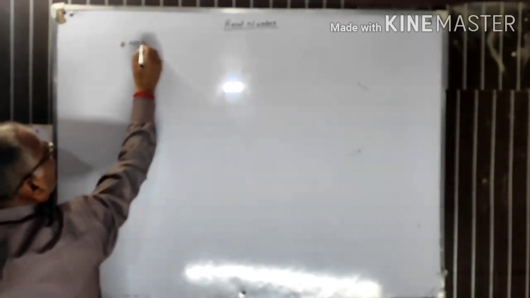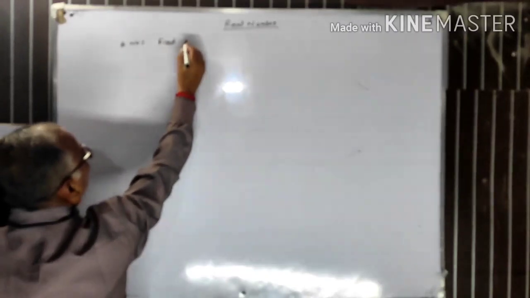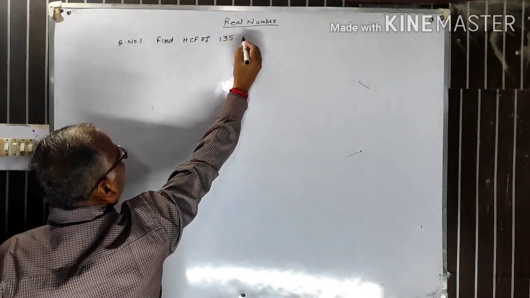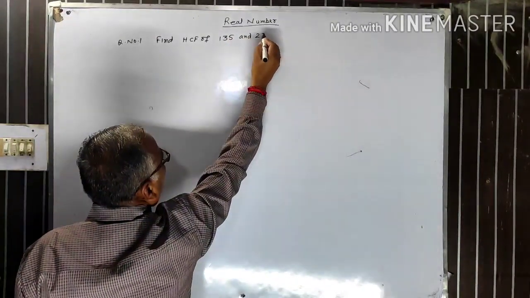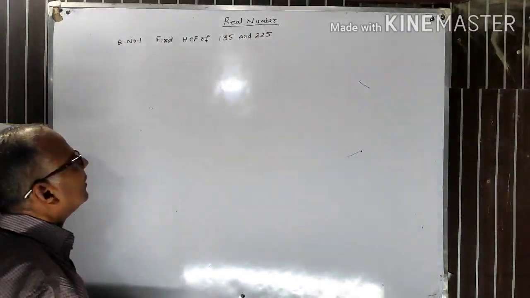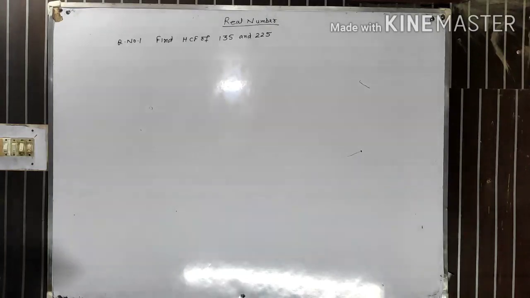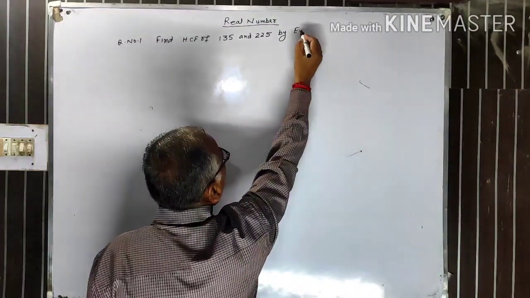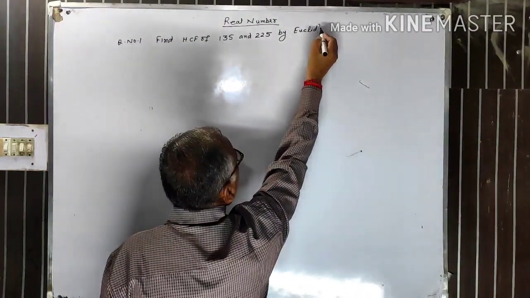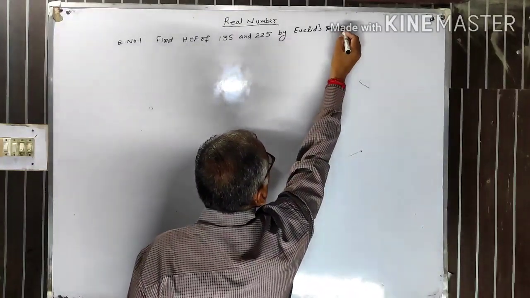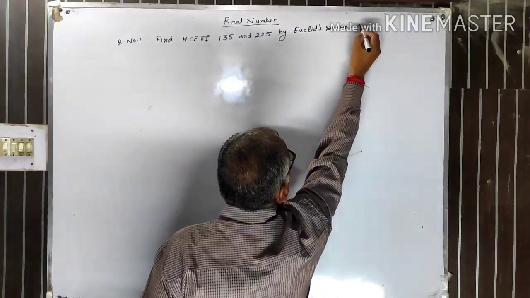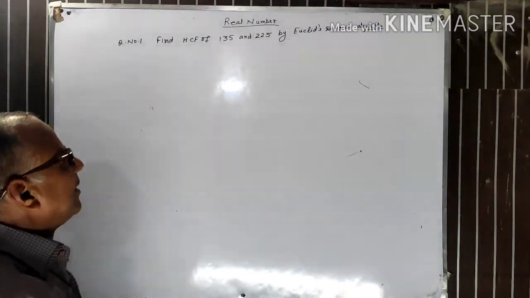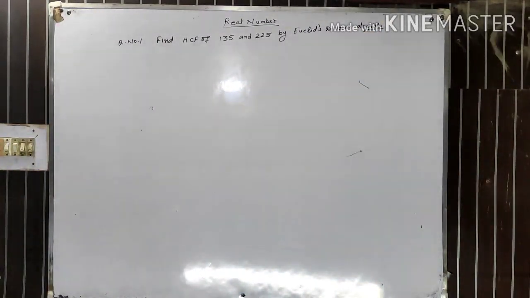Question number 1: find the HCF of 135 and 225 by Euclid's division algorithm.